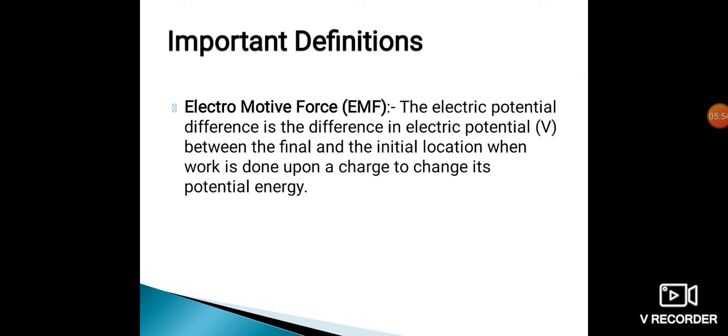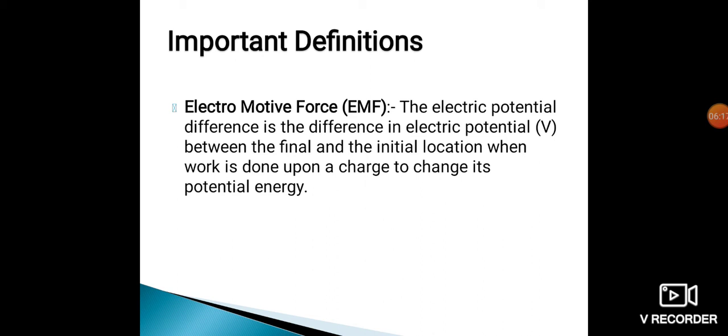Now we will move ahead to the EMF, that is electromotive force. The electric potential difference is the difference in the electric potential between the final and the initial location when work is done upon a charge.